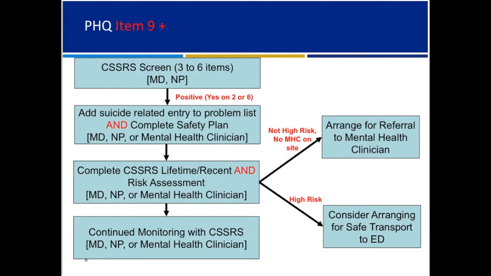And if the person is positive on the CSSRS screen, then the clinician adds a suicide-related entry to the problem list for that patient to document that the person has suicide risk, and that they complete a safety plan with the patient. They also complete the CSSRS lifetime and recent assessment and do a full risk assessment. And finally, they continue to monitor the patient longitudinally using the CSSRS.